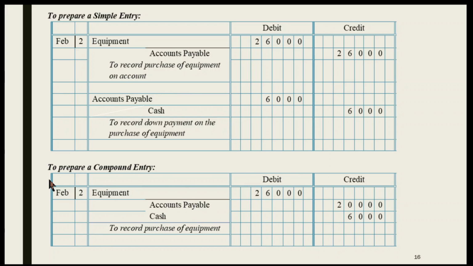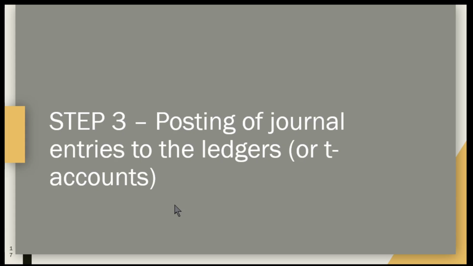This only combines several transactions into one set of journal entries. Okay, then step 3, you post the journal entries to the ledgers or the T accounts. The ledger is the book actually, and the T account is a simplified version of the ledger.